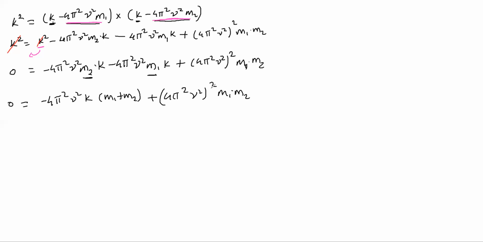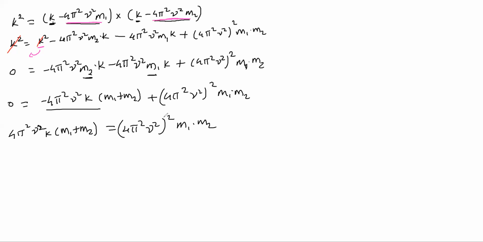Okay, we just balance this equation, that means remove the 0, so we can write 4 pi square mu square k m1 plus m2 is equal to 4 pi square mu square bracket square, that is m1 times m2 again.